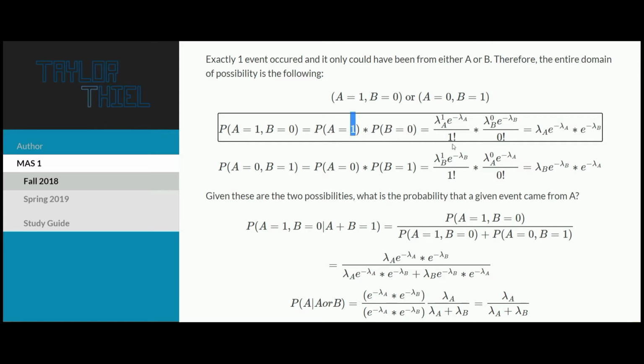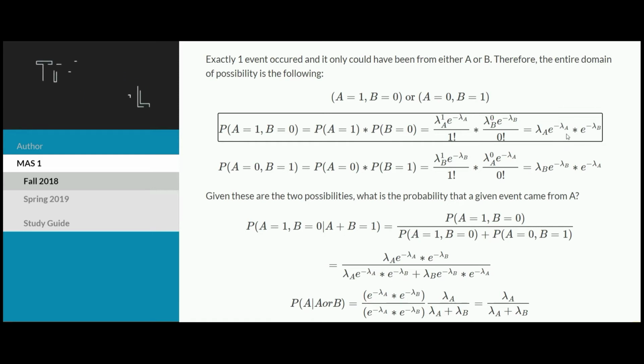And then we multiply that by the probability that B equals 0. So that exponent becomes 0 and this factorial becomes 1. And all of that works out to be lambda A times e to the negative lambda sub A times e to the negative lambda sub B.